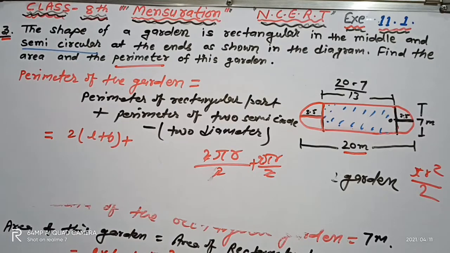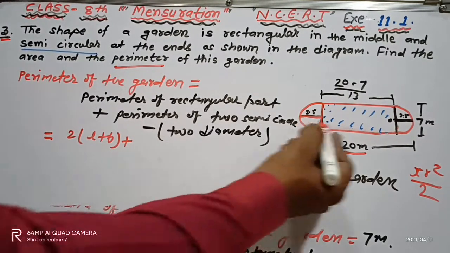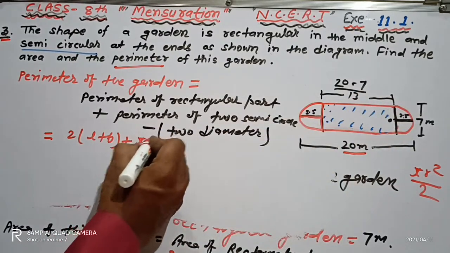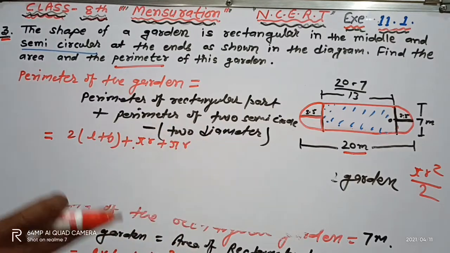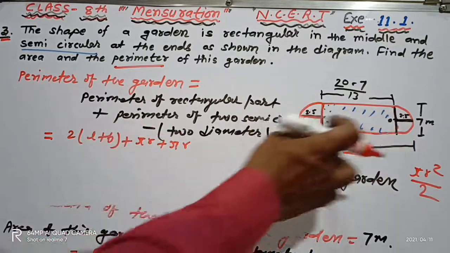But in this, the diameter also comes in both, so the perimeter of two semicircles will be pi r plus pi r. Because the perimeter of a semicircle is pi r only, it will be 2 pi r.